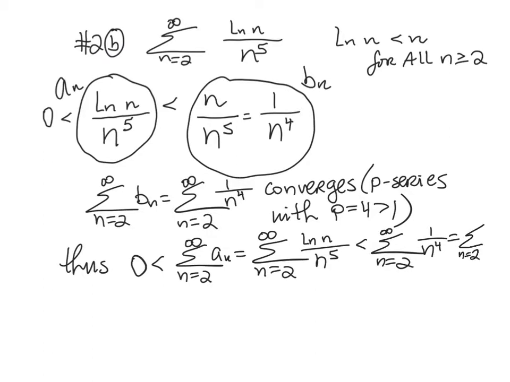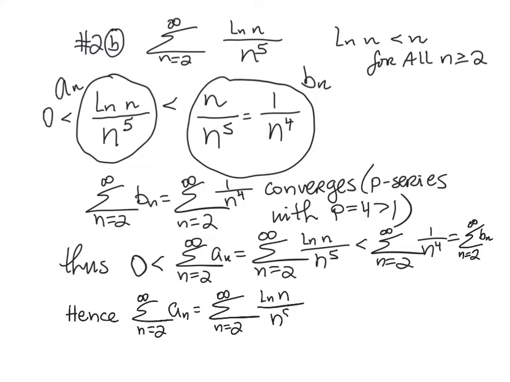Since we already established that b sub n converges and a sub n is smaller, the conclusion is that the a sub n series, summation from 2 to infinity natural log of n over n to the fifth, converges by the direct comparison test.